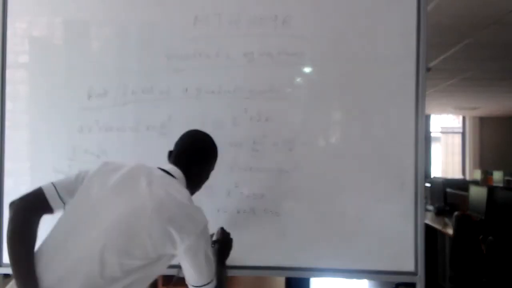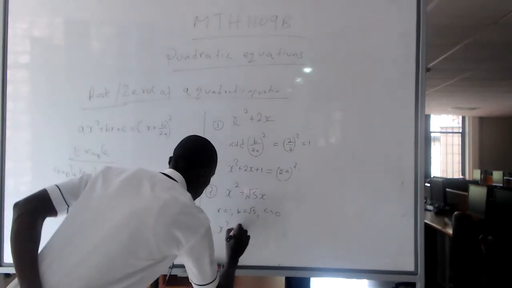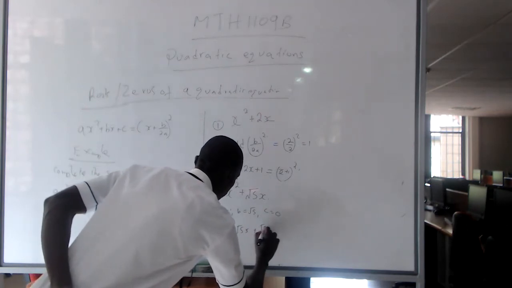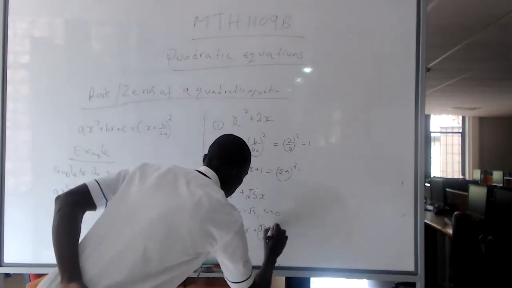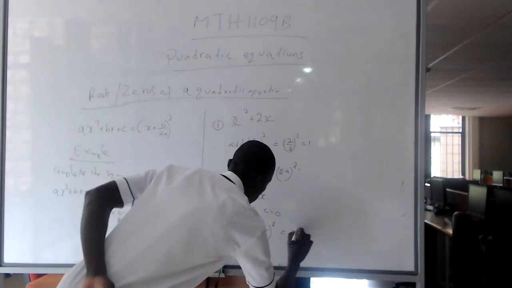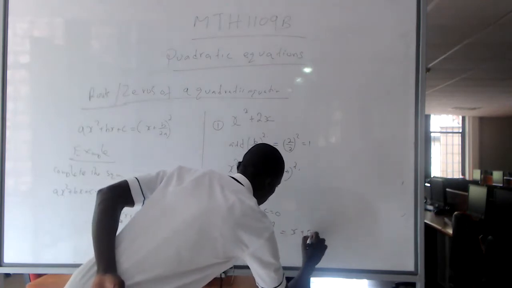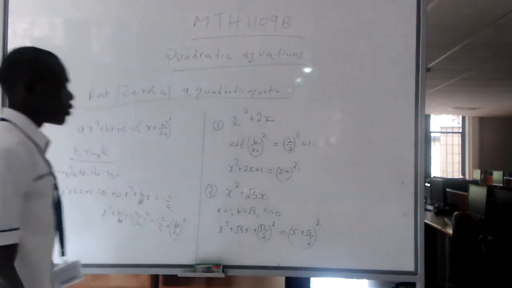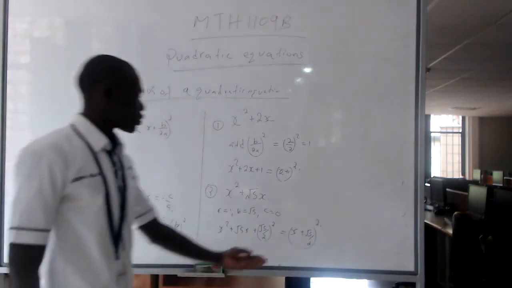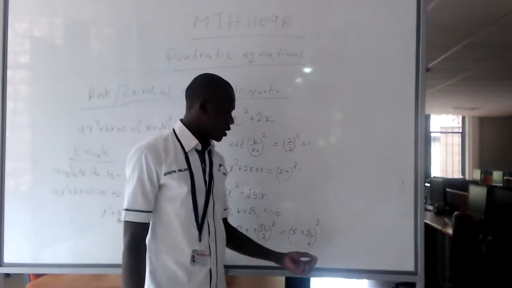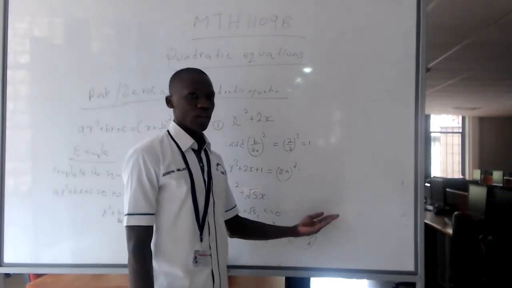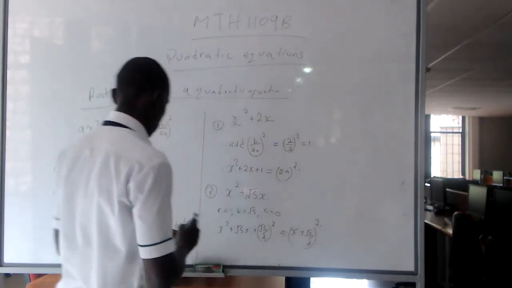We need to have x squared plus square root of 5 x plus (square root of 5 divided by 2) squared, and this gives me (x plus square root of 5 divided by 2) squared. That will now be a complete square, which will be very easy to solve. If I equate it to something, to solve for x, I simply need to take the square root on both sides and then solve a linear expression.